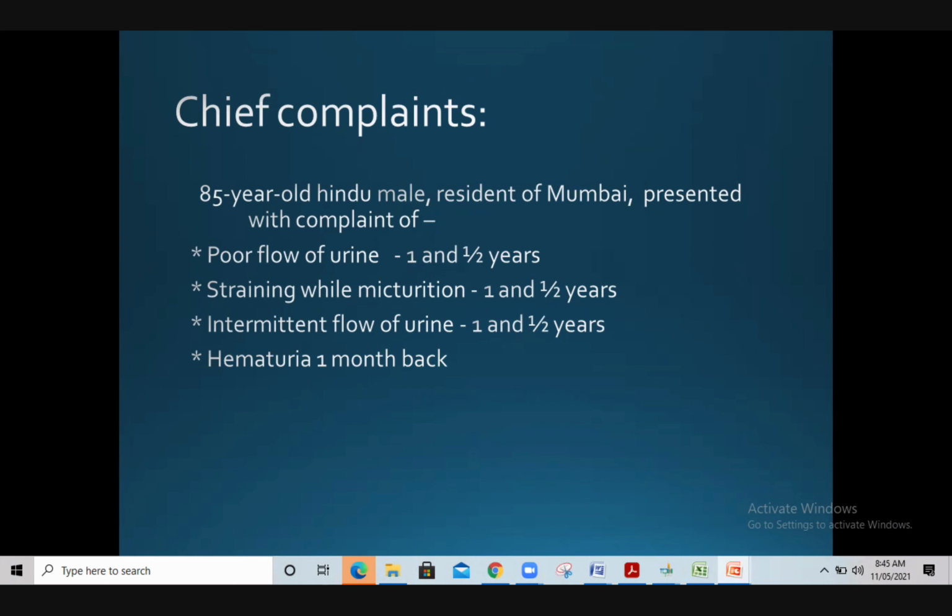You mentioned that poor flow of urine is there for 1.5 years. Whether it is an interrupted stream or a thin stream? He has both, interrupted and thin stream. Does that help you in any way?